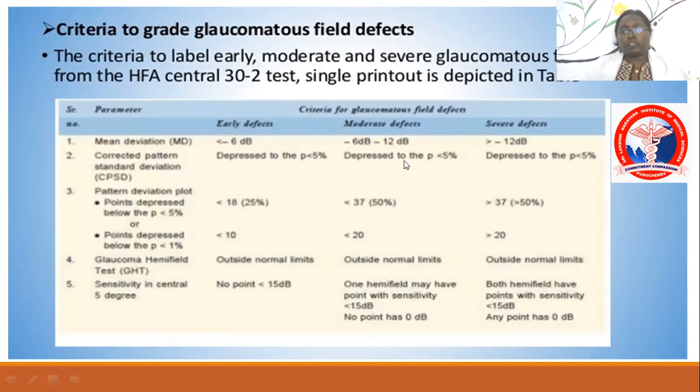In moderate, and again in all three, it is depressed to a p-value less than 5%. Pattern deviation is plotted, and look for sensitivity in the central 5 degrees. In early defects, there is no point, or less than 15 decibels, whereas in severe, both hemifields have points with sensitivity less than 15 decibels.